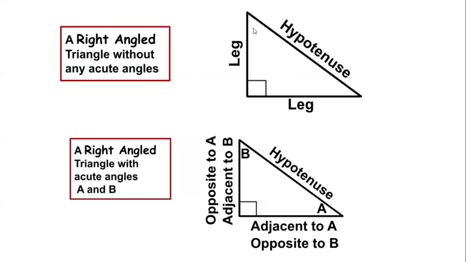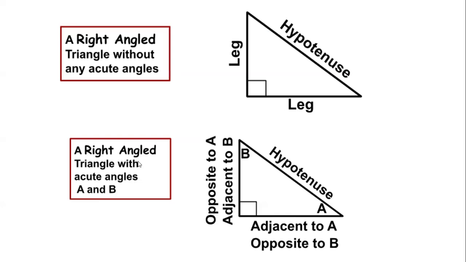And the hypotenuse is always the longest side in a right angle triangle. Now, since there are no acute angles, the two sides that make up the square of the 90 degrees are called the legs.